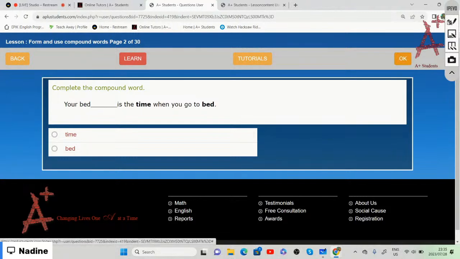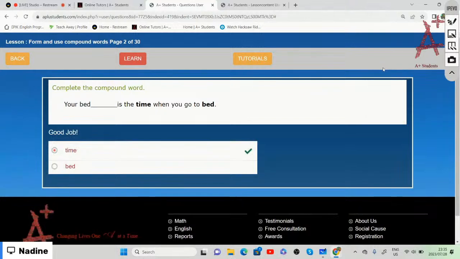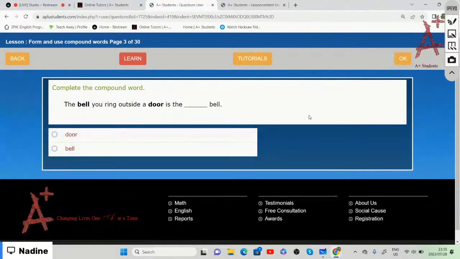Which means that it is bedtime and bed is already given. So bed plus time equals bedtime, right? But now bed is already given. So we're just going to choose time. So well done.